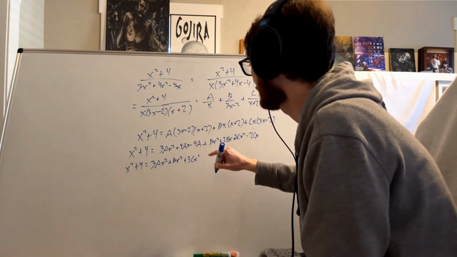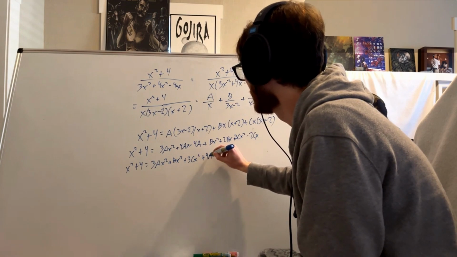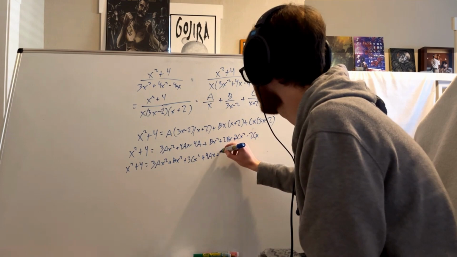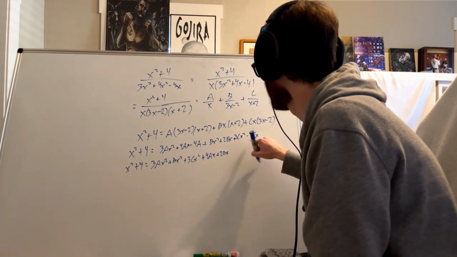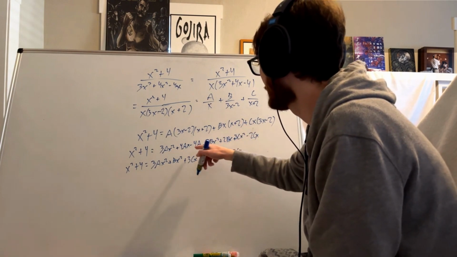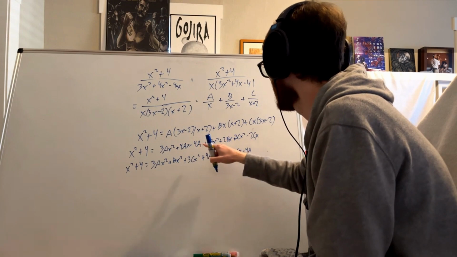Now let's look for x to the 1 terms, because that's all our x squared. So we have 4ax plus 2bx minus 2cx. Now all of our no x terms, minus 4a. And that's it.